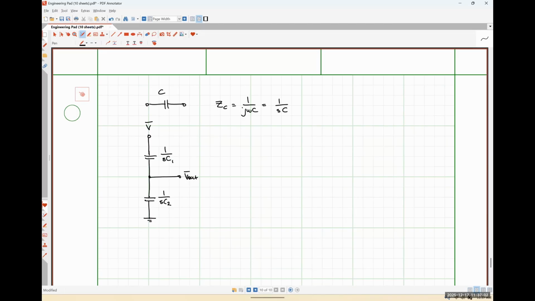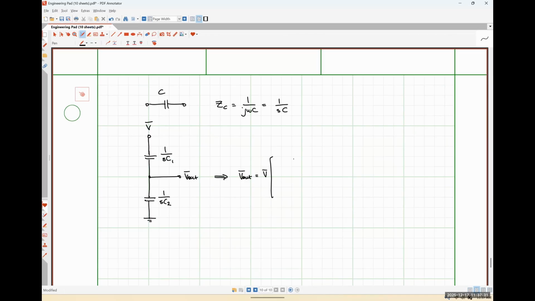Using these impedances, we could say that our output voltage V out is going to be our input phasor voltage V applied across the whole system, times a ratio of impedances, just like we would have a ratio of resistances with a resistive voltage divider network. This output voltage is the voltage drop across capacitor C2 with respect to ground.